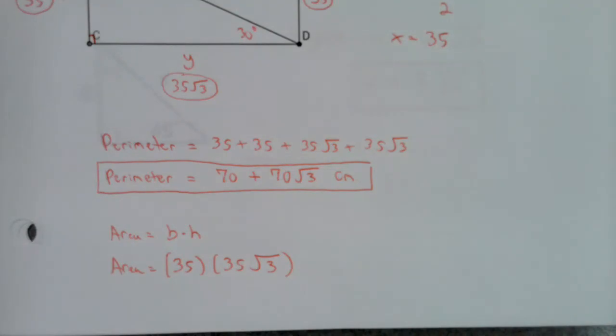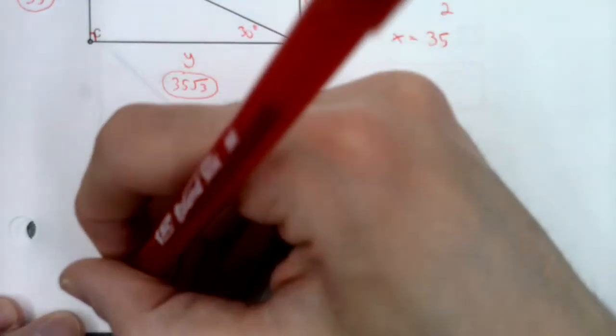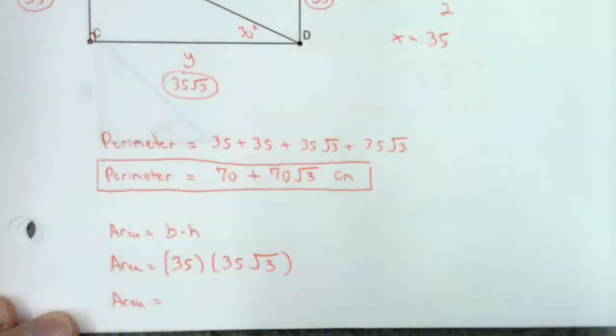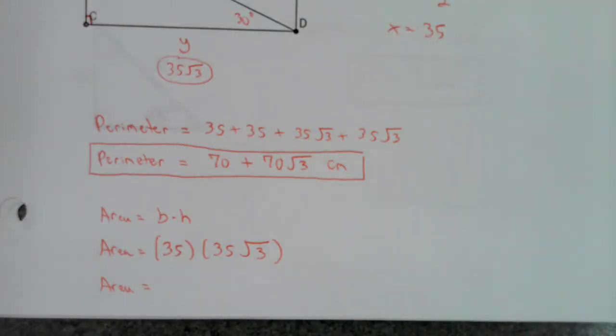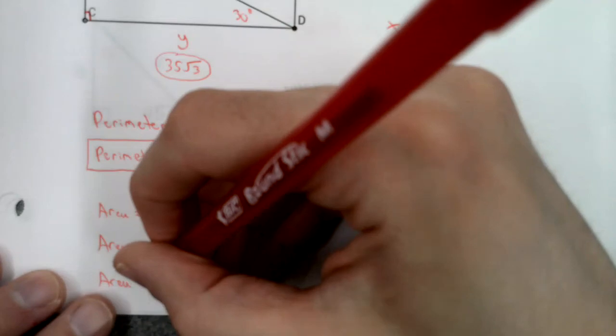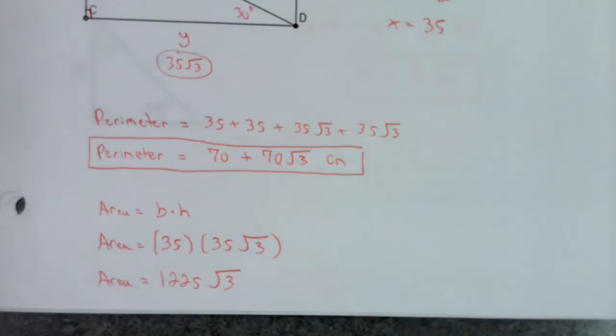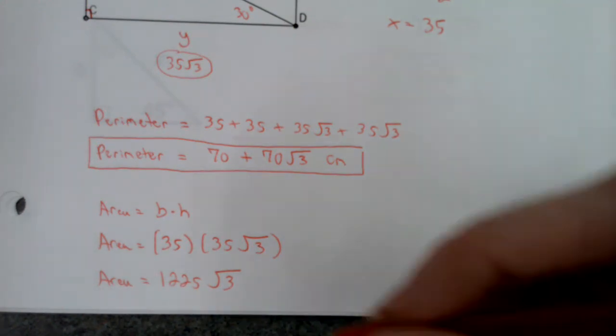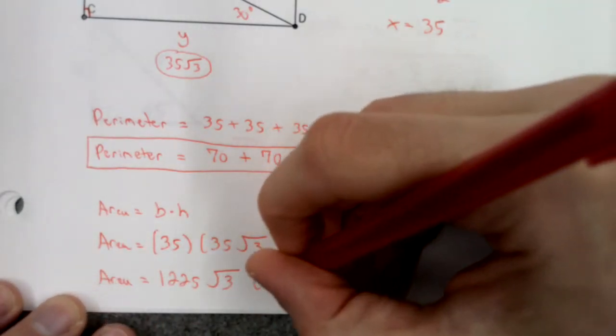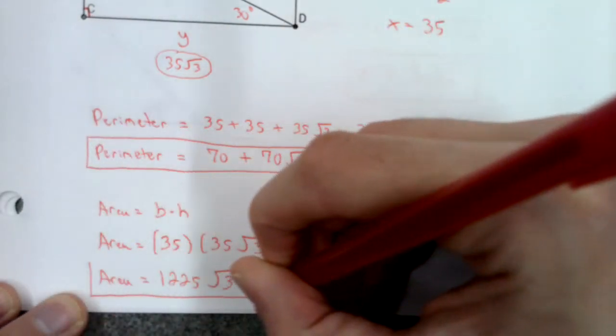Think back to lesson 1, you multiply the numbers outside the radicals. So 35 times 35 is 1,225 square root of 3 centimeters squared.